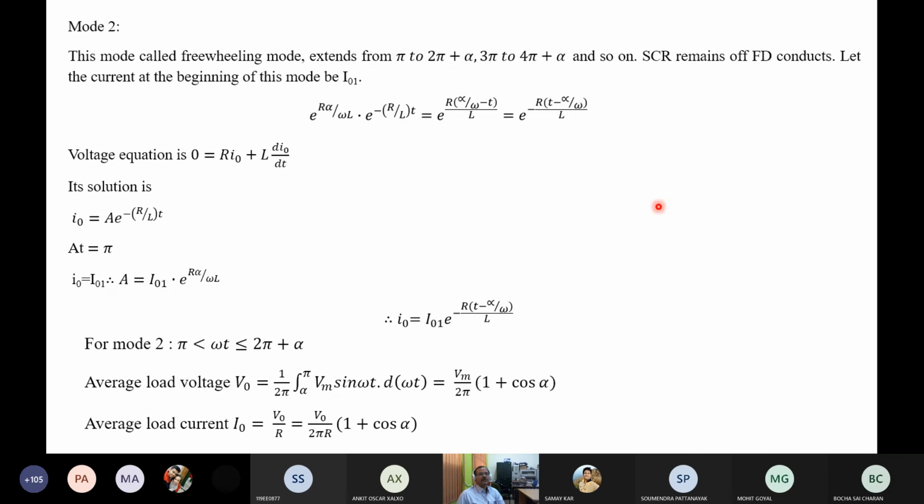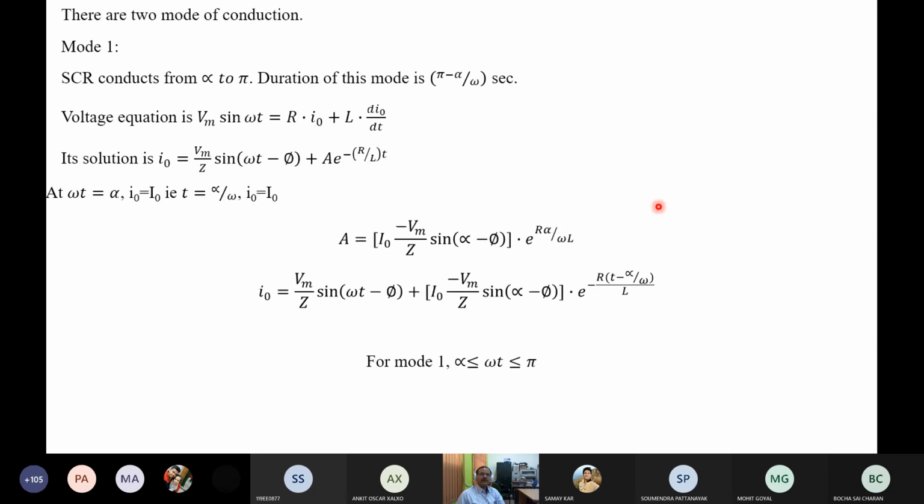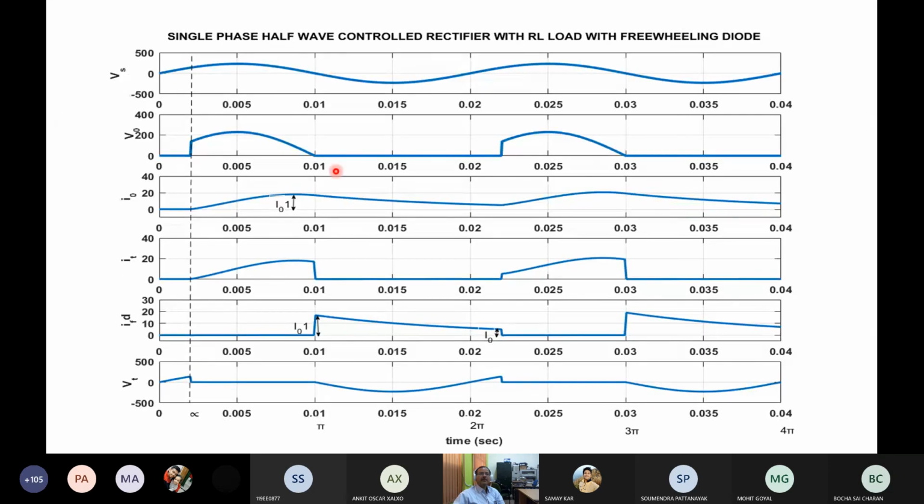There are two modes here. Alpha to pi is one mode. Pi to 2 pi plus alpha is another mode. Current is flowing, right?